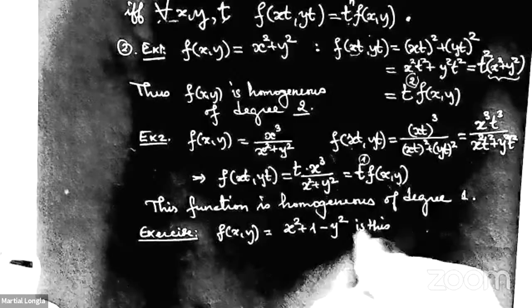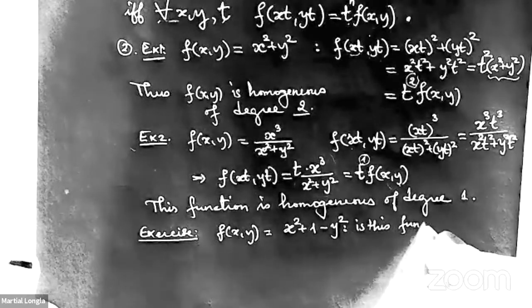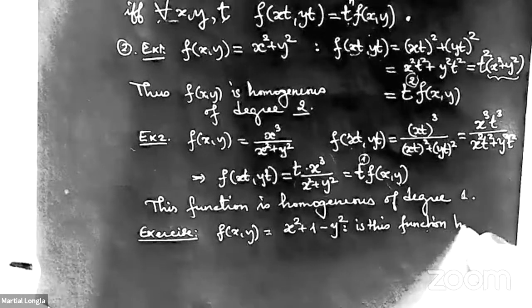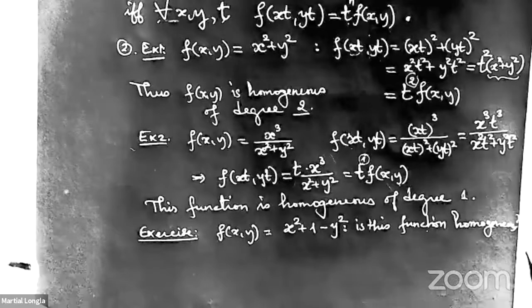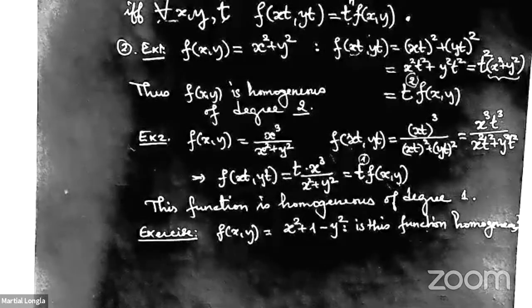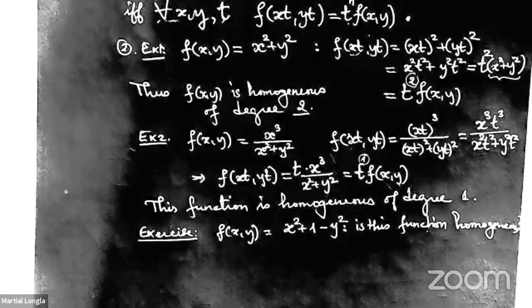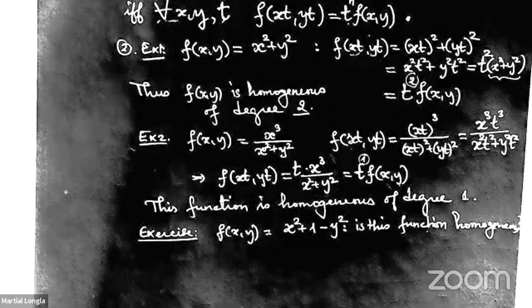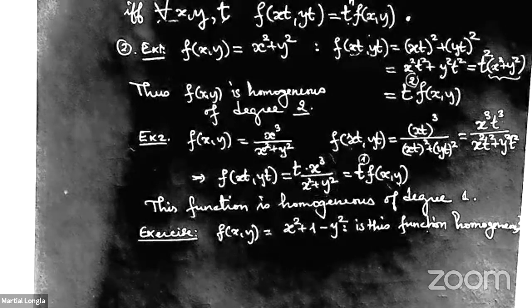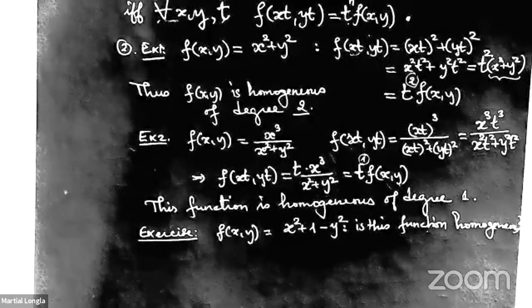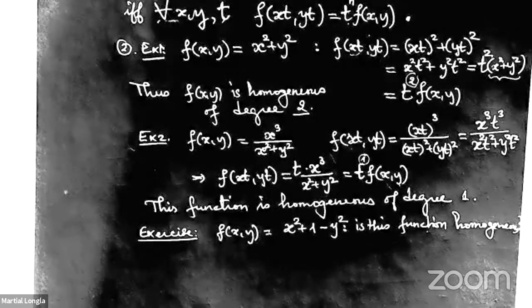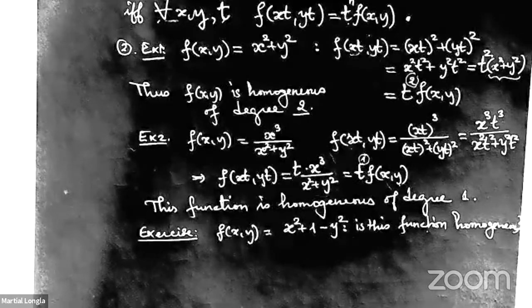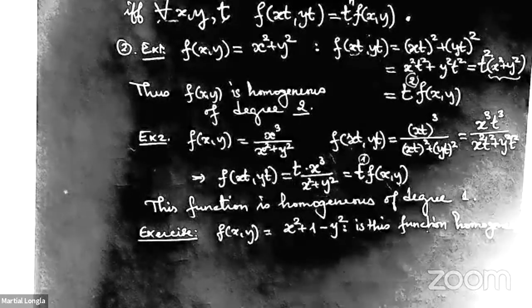Is this function homogeneous? You tell me. Do the work and tell me if you can write this as a power of t popping out and having f of x, y again. This says x squared plus 1 minus y squared.